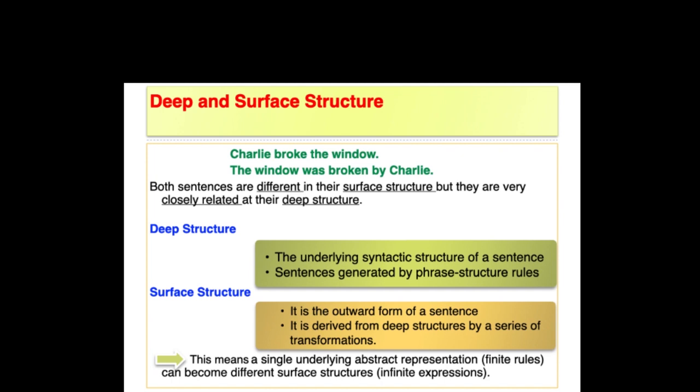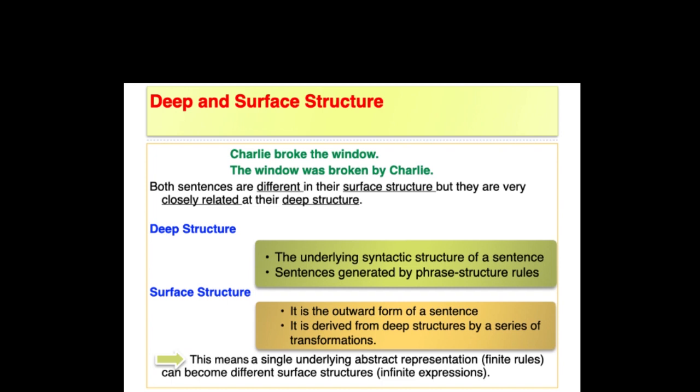So the meaning that we make out of these two sentences is the same, but the way we realize this meaning can be done in different ways. These different ways are what we call the surface structure of the sentence.